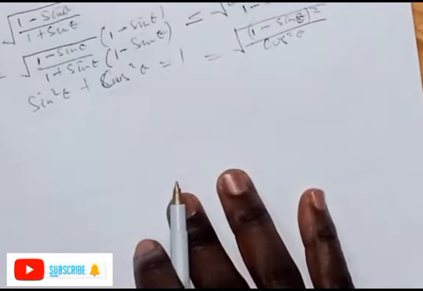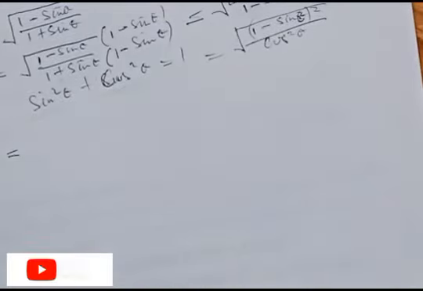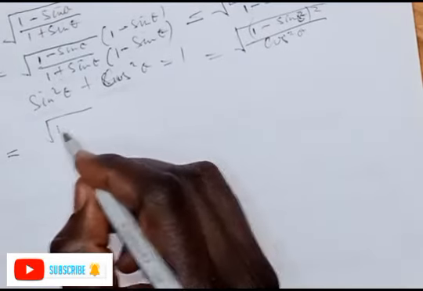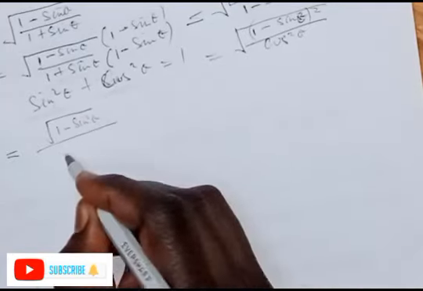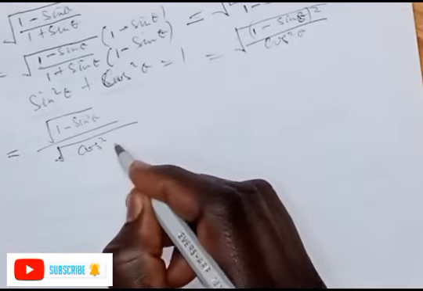For now, let's distribute the root on the numerator and on the denominator: the root of (1 minus sin theta) all squared over the root of cos squared theta.